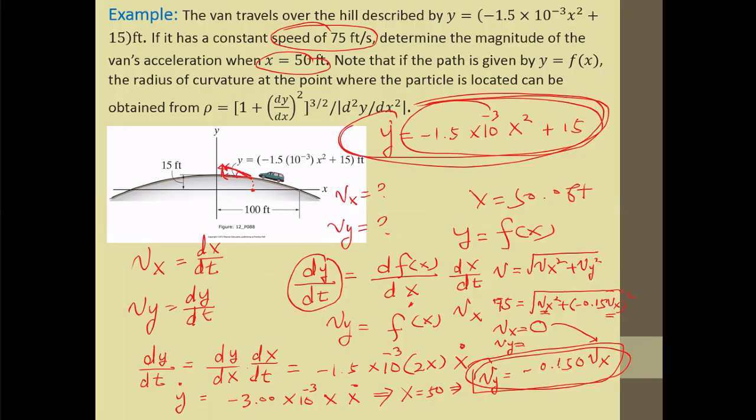Once you find the vx value, then you can find the vy value. But graphically, vx should be negative and vy should be positive, right? That makes sense? Yes, makes sense. Thank you. All right, and take one more derivative on this relationship, then you can find the acceleration x component and y component.